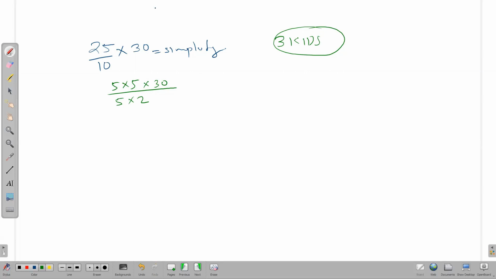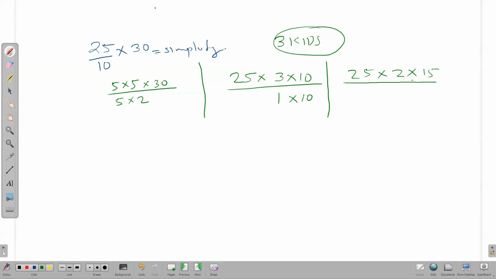Now, the other kid is keeping 25 the same way: 25 into 3 times 10, then he is writing 1 times 10. Then the other kid is doing 25 into 2 times 15 divided by 2 times 5. So all the three kids, we found, are correct.